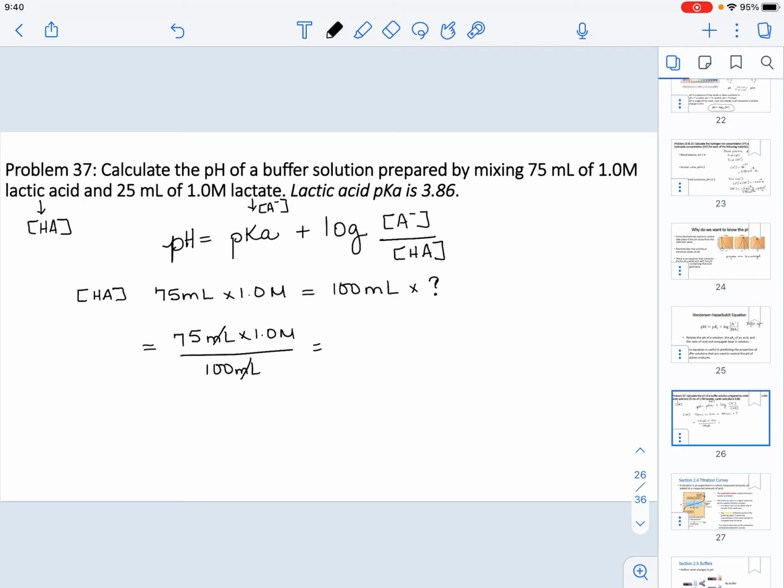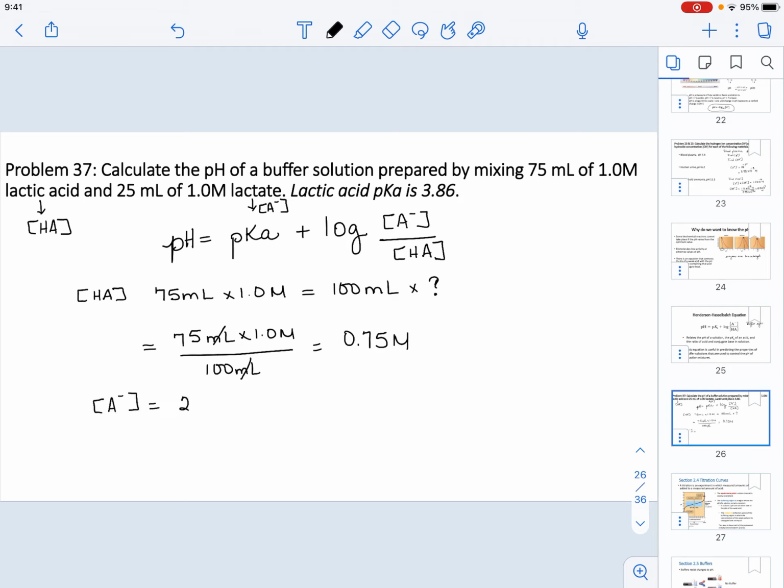So when I do this, my concentration is going to be 0.75 molar for my HA. I can do a similar calculation for my concentration of A minus, the lactate.